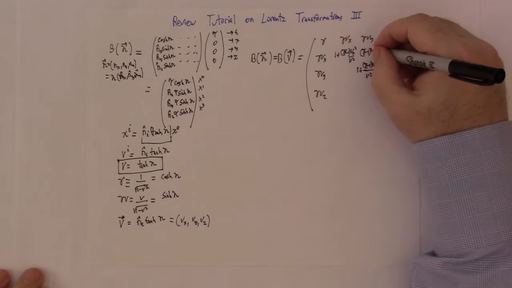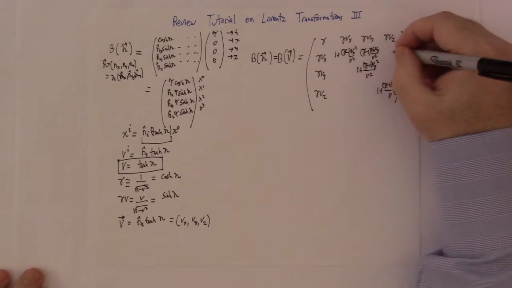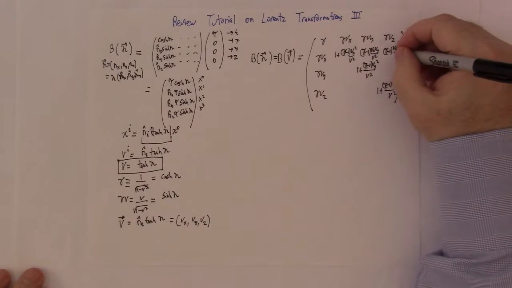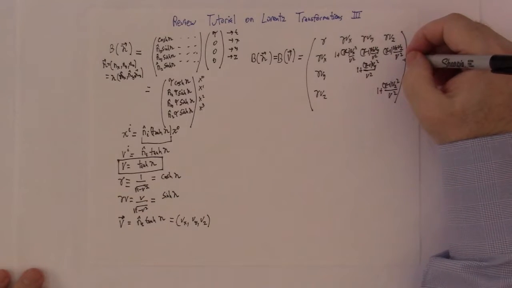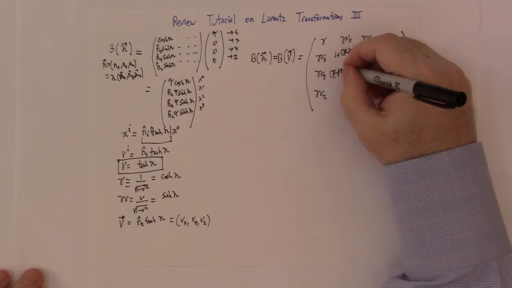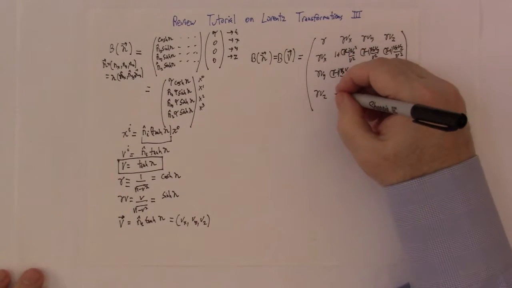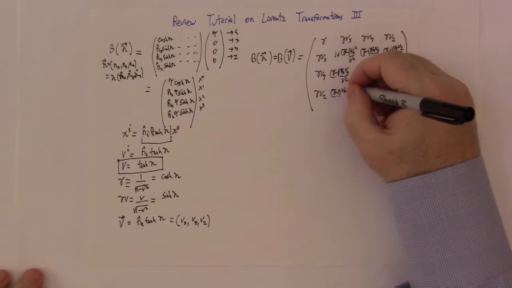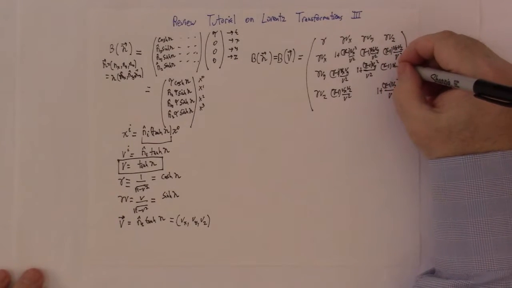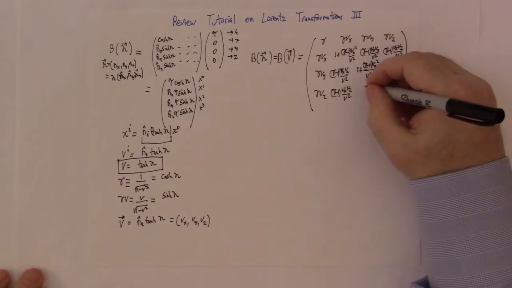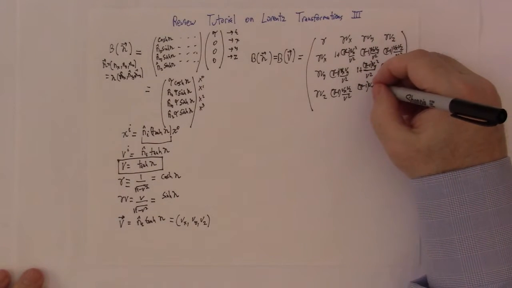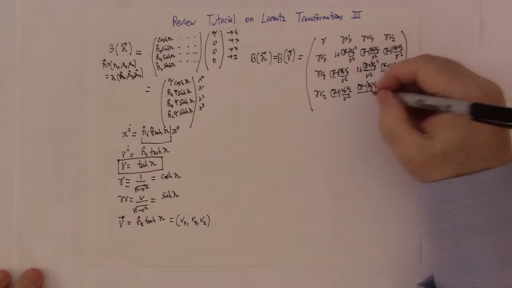(Gamma minus 1) Vx Vy over V squared, (gamma minus 1) Vx Vz over V squared, and likewise the symmetric entries, including (gamma minus 1) Vy Vz over V squared.